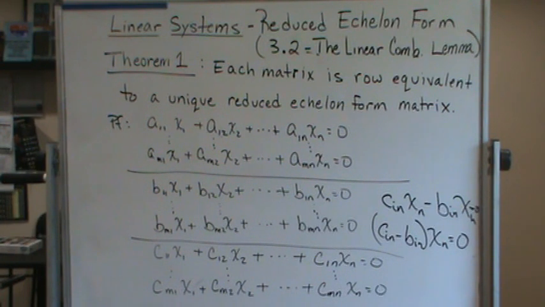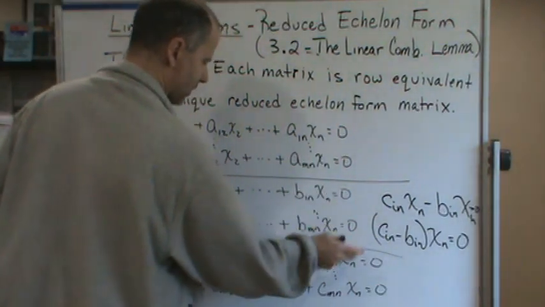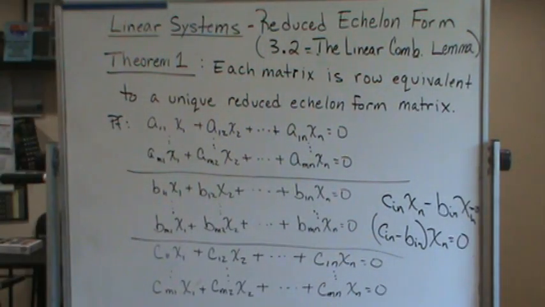And so in both of these systems, in the nth column, what does that mean? That the nth column contains the leading entry of some row. Right? So let's say that again.